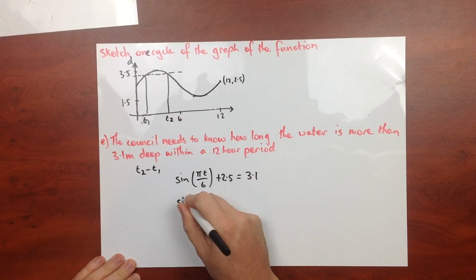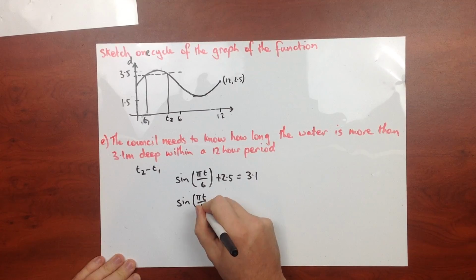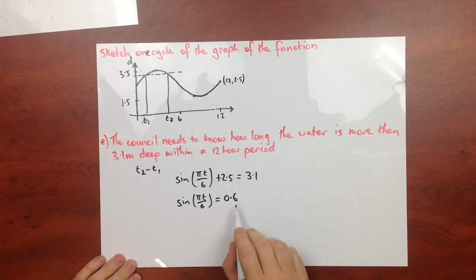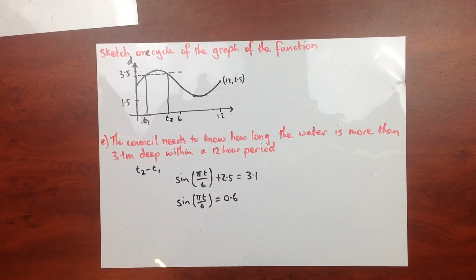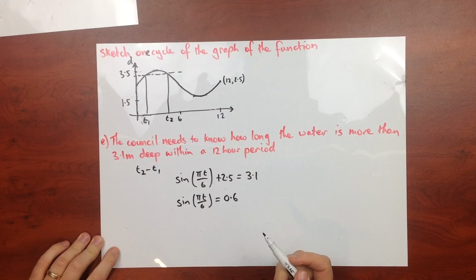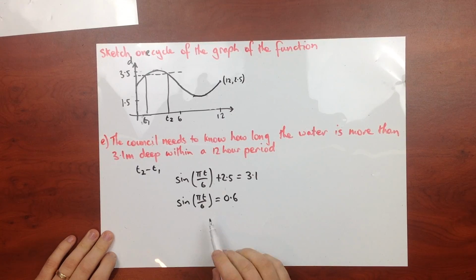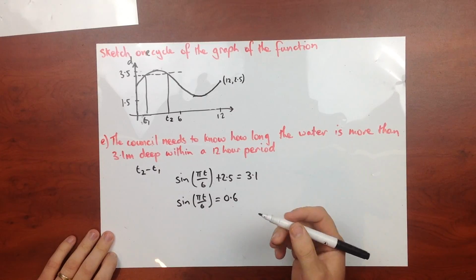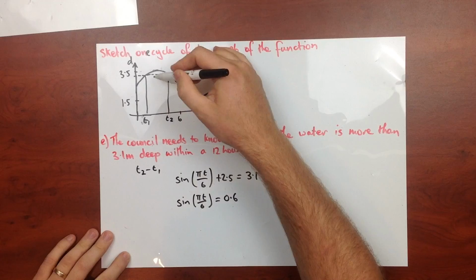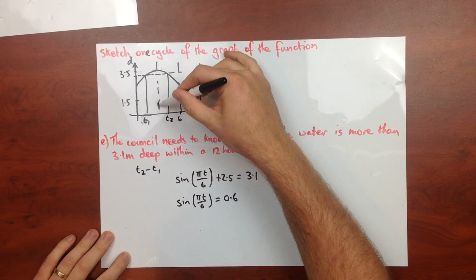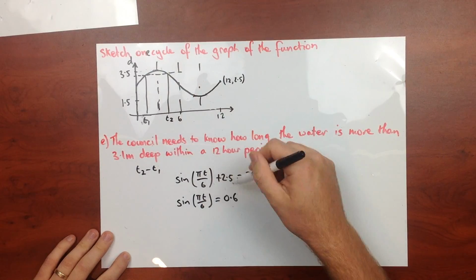So we've got sine of pi t on 6 equals 0.6. Seeing this is 0.6, it's not one of our exact values, so it's quite reasonable to realise that we're going to have to use our CAS technology. You simply put this in your calculator and solve it from this point. Remember, you're going to get those values coming up in general form on your CAS calculator, so you just need to think about what that means. You're going to get two answers: one for the first quadrant and one for the second quadrant, because sine is positive.